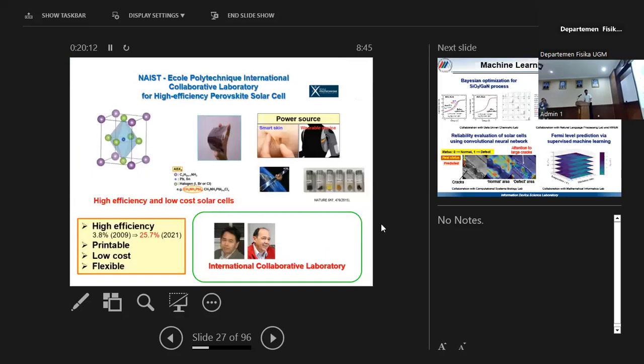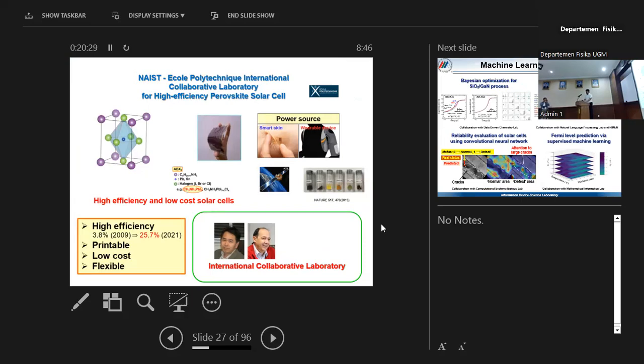Actually we have a collaboration with École Polytechnique in France. We're researching on developing perovskite materials using sputtering. It's the opposite, because mostly perovskite research is done using solution process.